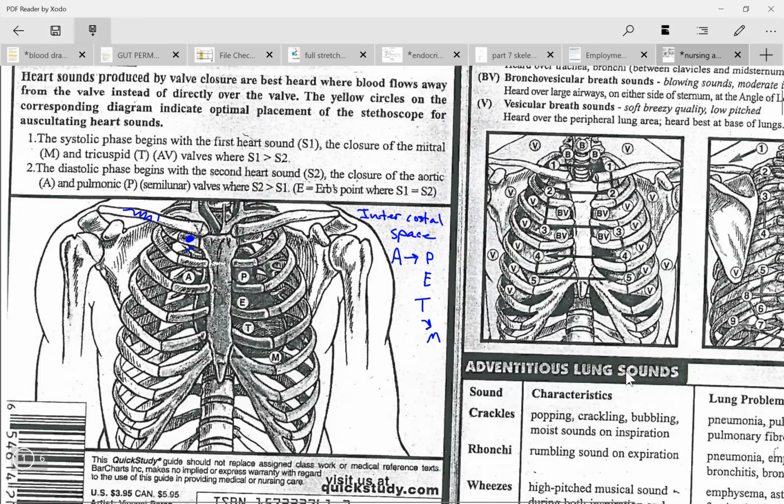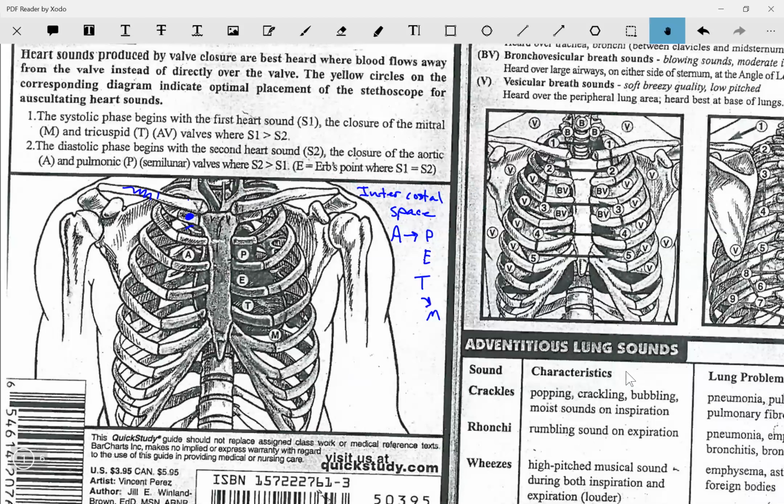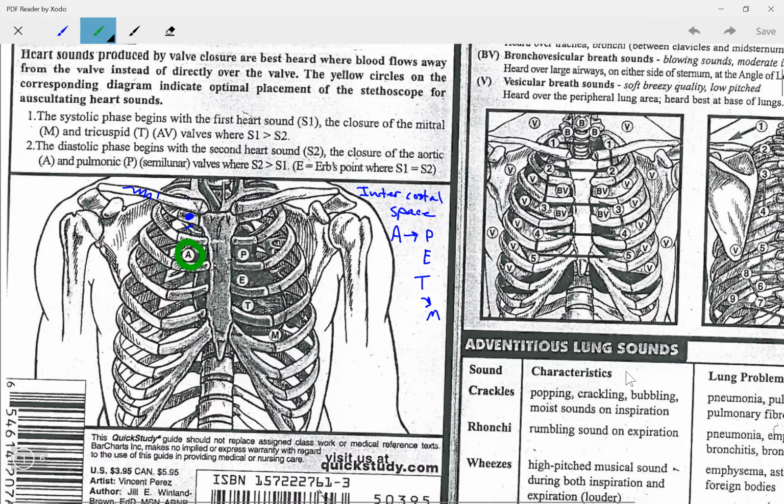Now, if you look back on the thoracic cage, I'm going to circle everything. Let me change the color here so it stands out. So there's A, P, E, T, M. A pet monkey. Okay. The A stands for the aortic valve.